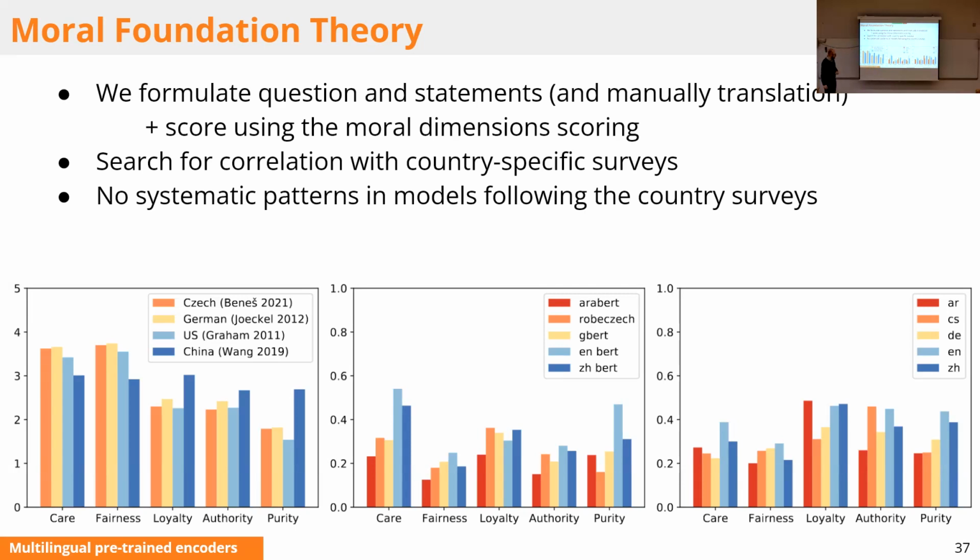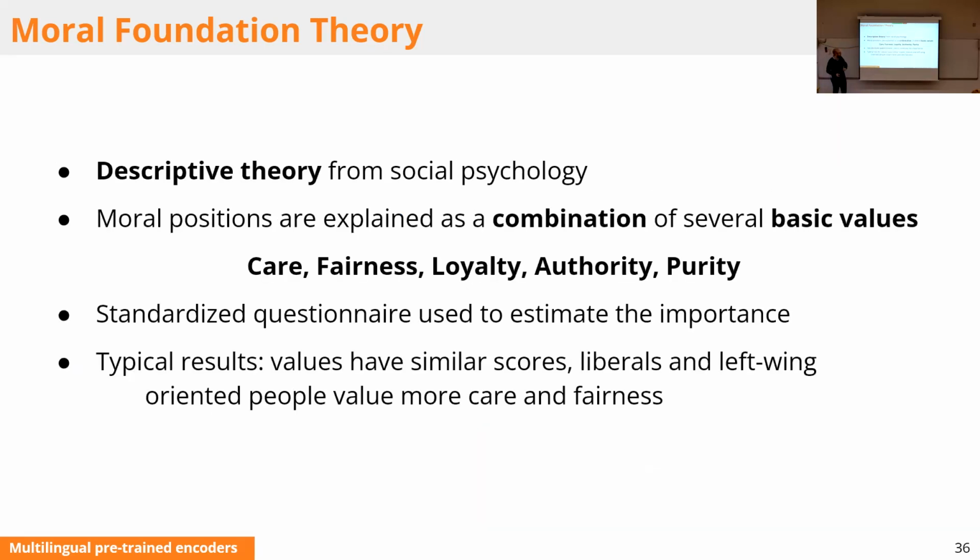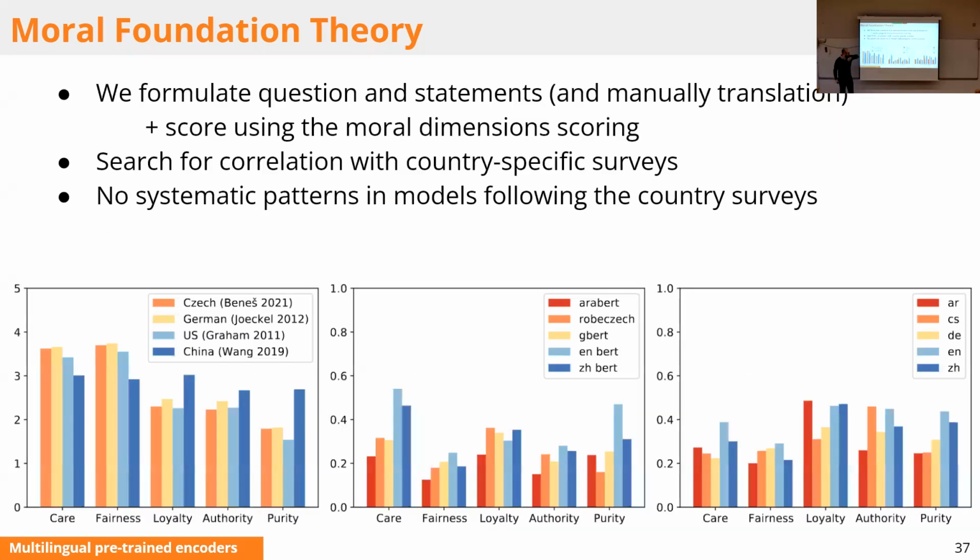So yes, the models capture some very basic correlation with moral intuitions, but when we go into a more systematic framework and try to evaluate the values in the model in a more elaborate framework, we find out that according to this framework of 5 basic values, the stuff that the models think is close to random.